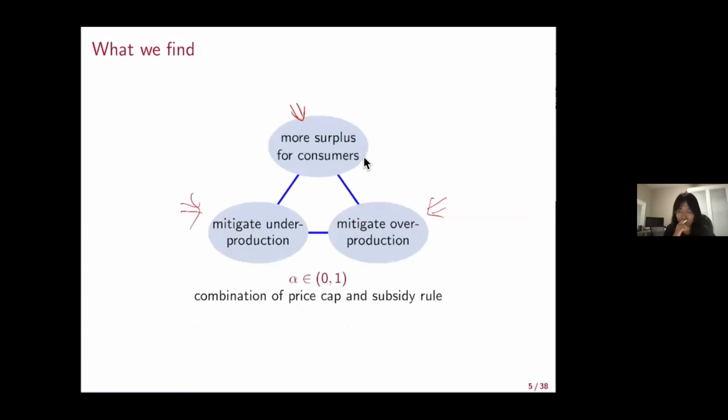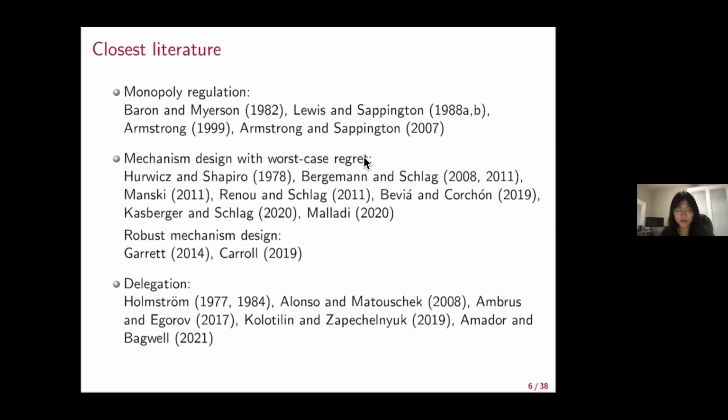So I will have a very brief literature review by focusing on the most related papers. Of course, we are related to the strand of monopoly regulation that started from Baron and Myerson. In Baron-Myerson, Lewis-Sappington and Armstrong, they assign a prior belief over the cost and demand functions, and then maximize the expected payoff of the regulator, which is the same as minimizing the expected regret.